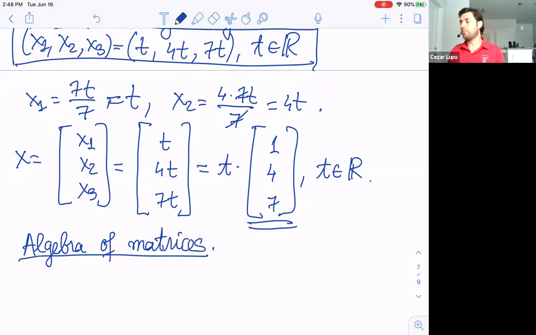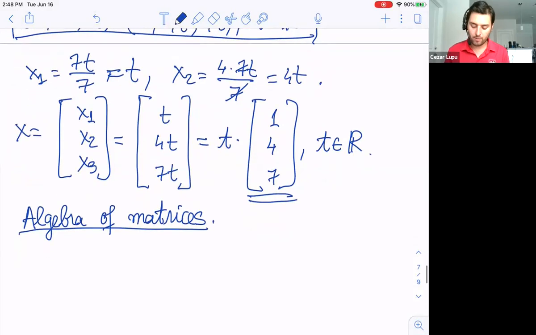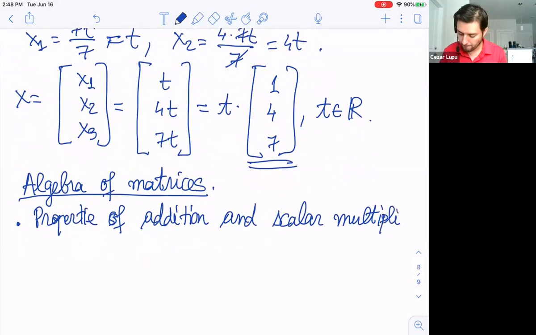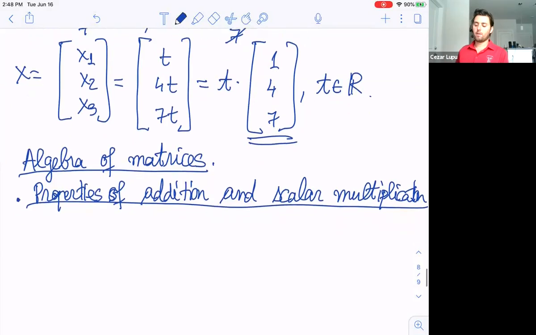Here we will see properties, and the first one we'll talk about is the properties of addition and scalar multiplication. So that's the first thing I want to cover.